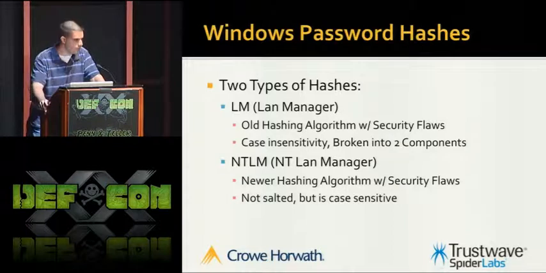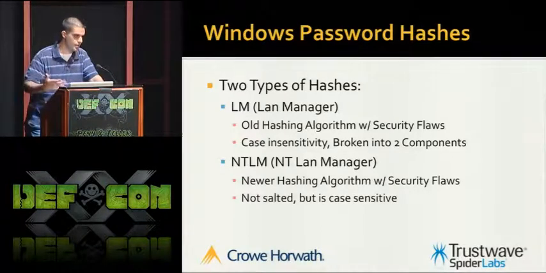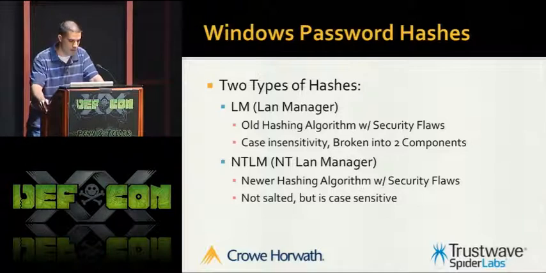The issue with both of these, though, is that they're not salted. So if user A has a password of test and user B has a password of test, that hash will be the same on that system. Which therefore leads to rainbow table attacks or pre-computed dictionary attacks.